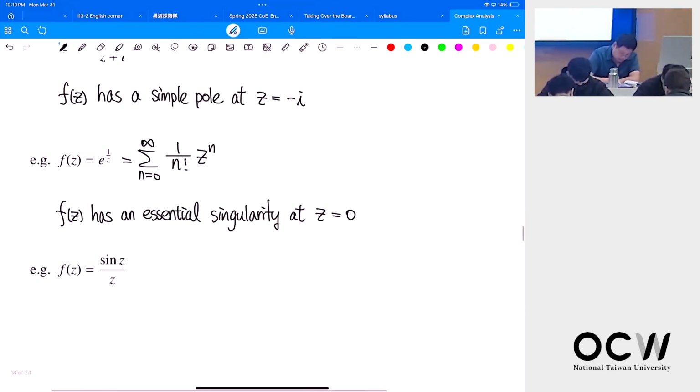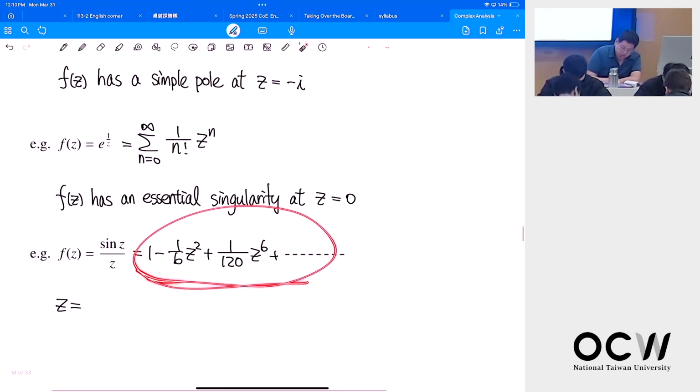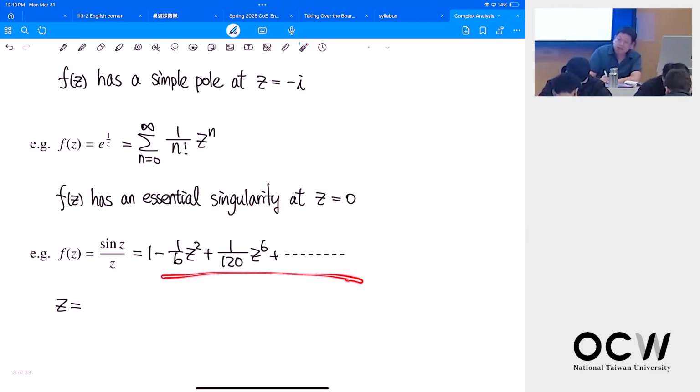And the last one, sine z over z. Okay, if you expand that, we have 1 minus 1 over 6 z squared, and so on. Then if you expand that, there's no singular point at 0.